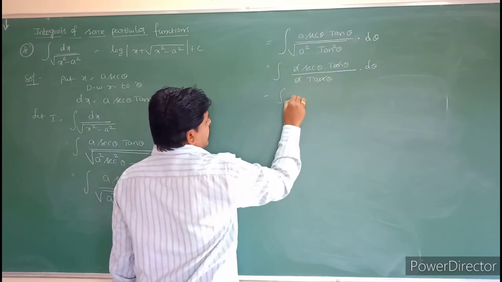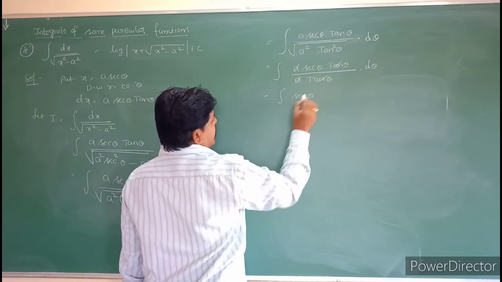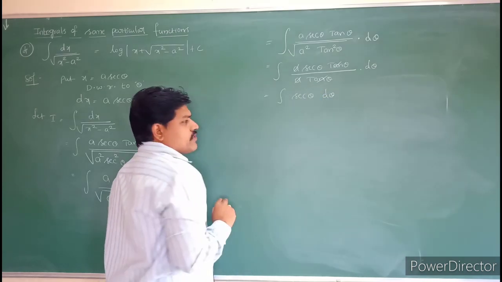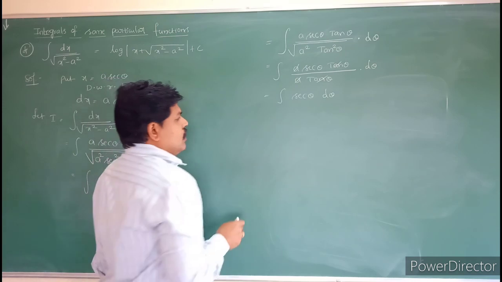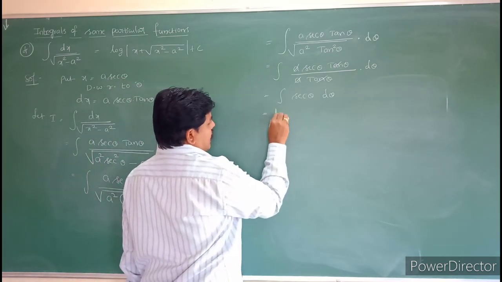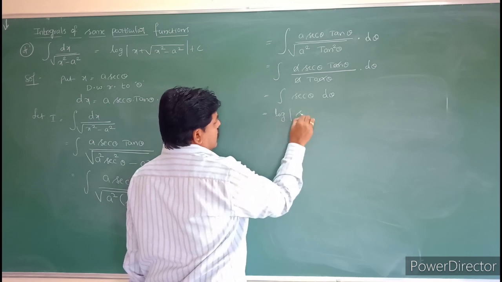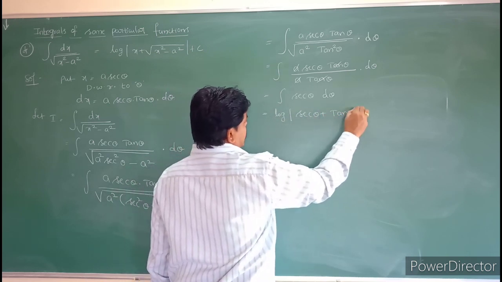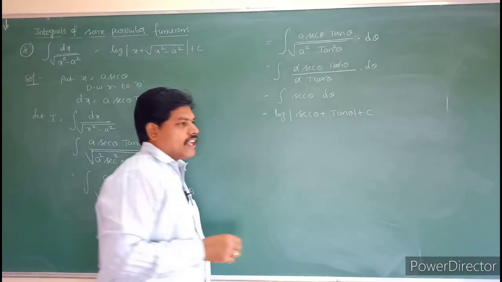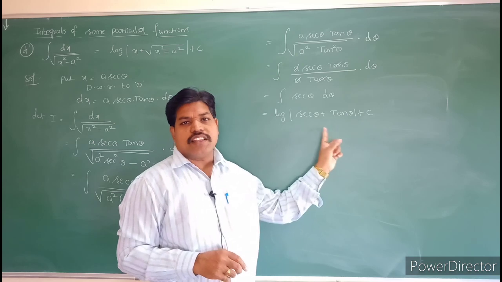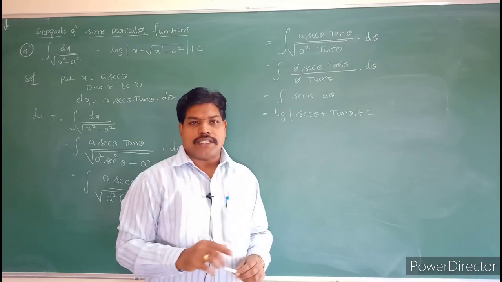Integral of secant theta into d theta. What is the integral of secant theta formula? That is nothing but log of mod secant theta plus tan theta plus c.